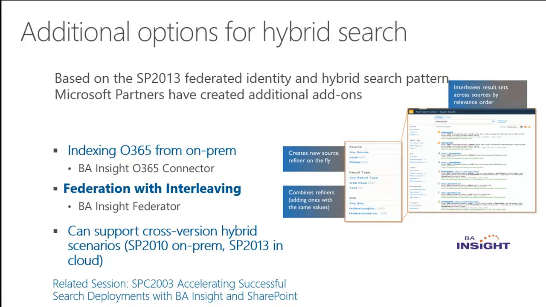That way, all of your relevancy will work inside. They also have a solution for federating, where you actually interleave the results rather than result blocks from the different places. It looks like they do have a solution for SharePoint 2010 Online, and also SharePoint 2013. I think that session's SPC 2003, sometime tomorrow afternoon, is that what it is? That's right.